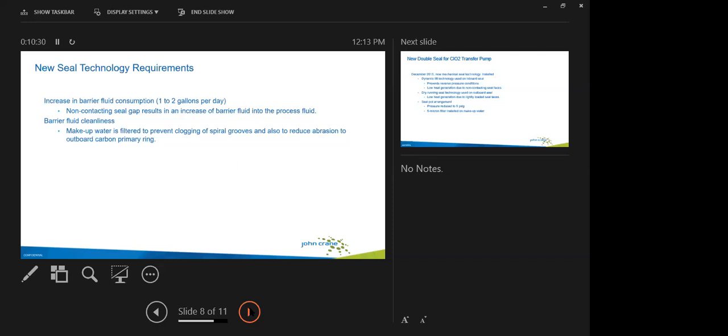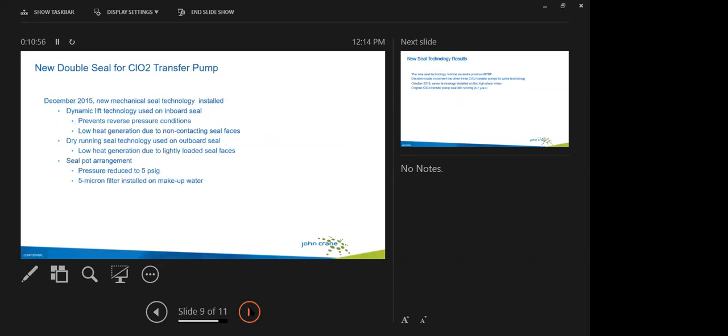So if you have a non-contacting seal inboard and you have a dry running seal outboard, you'll generate very little heat in this seal, and you can run the barrier system as a dead-ended system. So you don't need it in and out to the seal. Because this is a dry running carbon, again, the barrier fluid needs to be fairly clean to prevent you from abrading that carbon.